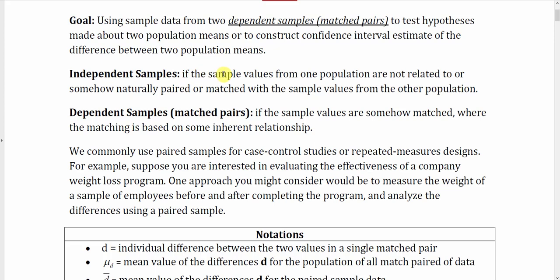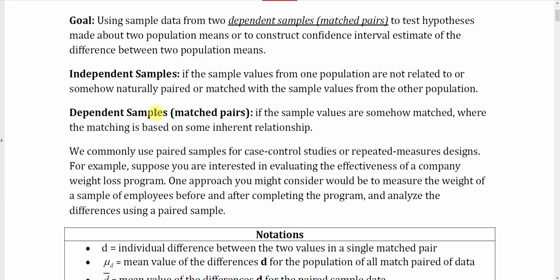Independent samples are samples where, when you pick something for one sample and then pick another data point for the other sample, they are not related. Picking one value for one sample doesn't affect your choice of another value for the other sample.